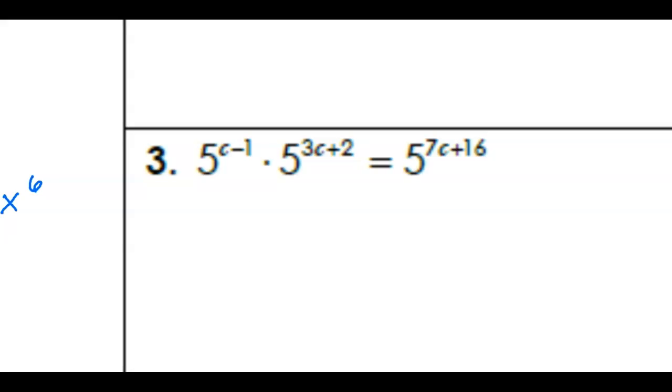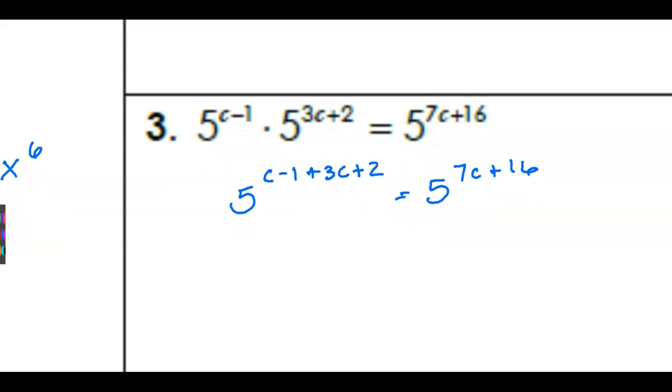So same thing here. This exponential of 5 raised to c minus 1 times exponential of 5 raised to 3c plus 2, we can condense into a single exponential of 5 raised to the power of c minus 1 plus 3c plus 2 equals 5 raised to 7c plus 16.